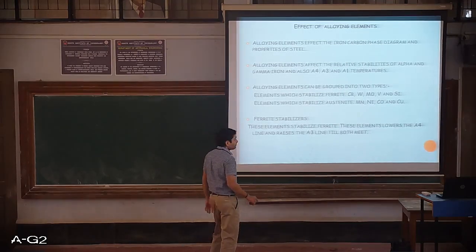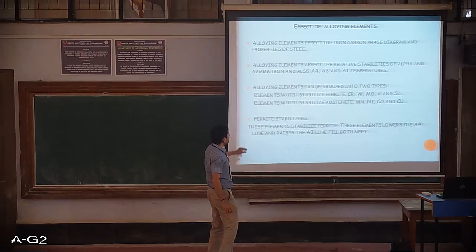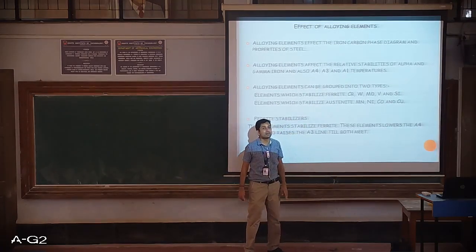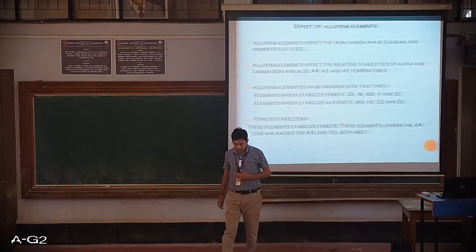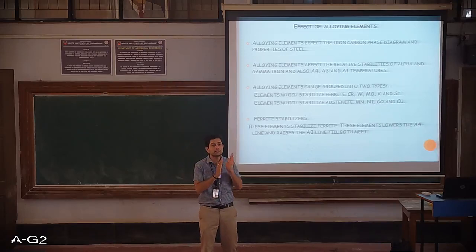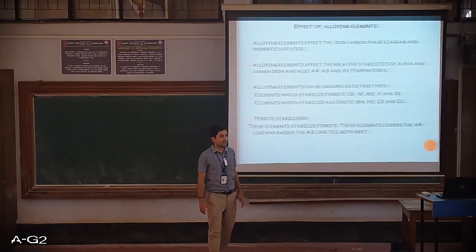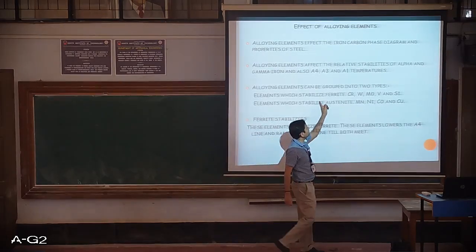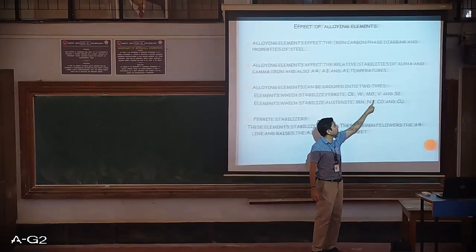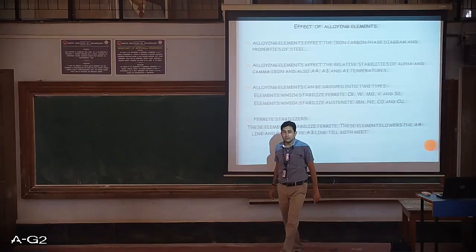Alloying elements can be of two types. One is called the ferrite stabilizer and the other is called the austenite stabilizer. So the alloying elements you add can be either ferrite stabilizers or austenite stabilizers. Examples of ferrite stabilizers are chromium, tungsten (W means tungsten), molybdenum, vanadium, and silicon.